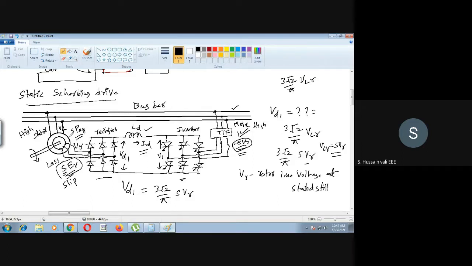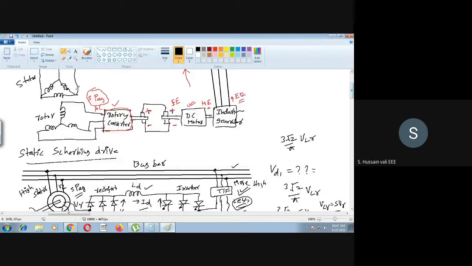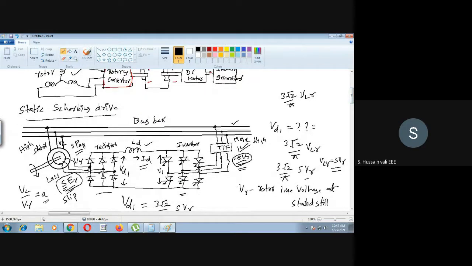Now, in every induction motor, this ratio is already mentioned in the data sheet. I will represent it as A. This is the turns ratio between stator and rotor, as in the previous picture. A is the ratio of VL by VR. We will remember it like this.